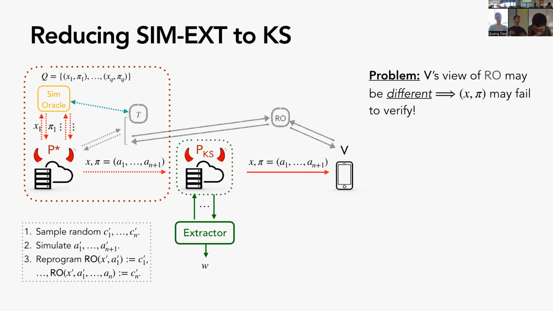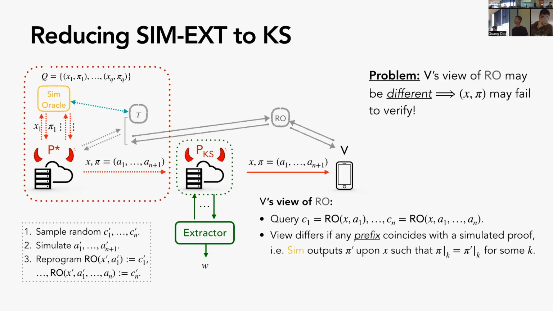So let's think about this problem in more detail. What is the verifier's view of the random oracle? It will verify by querying the random oracle at these specific places in order to derive the challenge. Now, when does this view differ? It differs if a prefix of a simulated proof coincides with the corresponding prefix of the proof that is sent at the end.